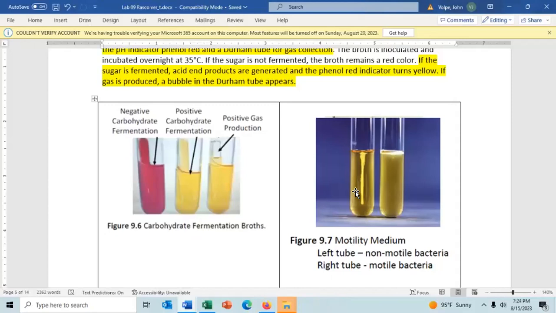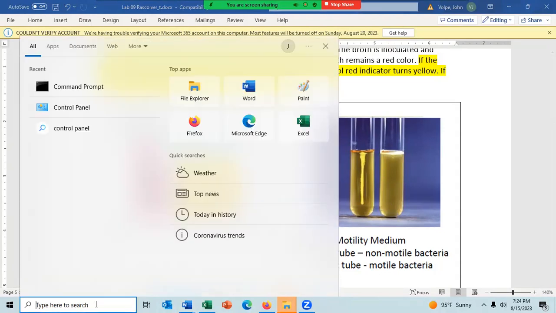If the bacteria only grow on the stab, then it is a non-motile bacteria. If, on the other hand, the bacteria grow everywhere in the tube, and that's why it's cloudy, because the bacteria are growing everywhere in the tube, then the bacteria are very motile. What do you do if the bacteria are slightly motile?